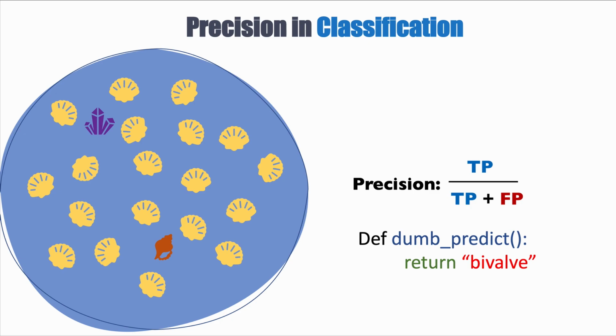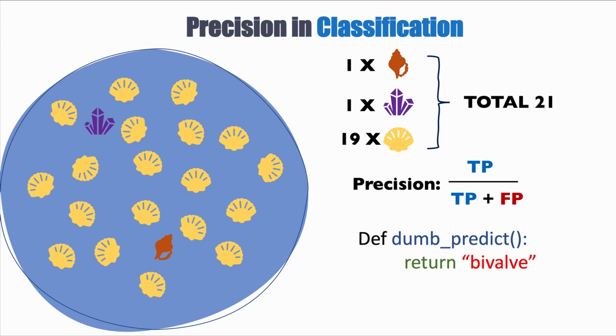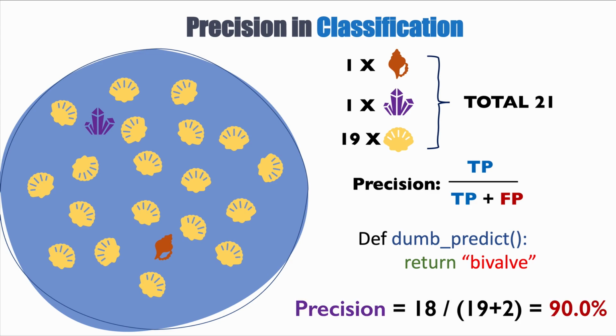So what happens when the classes are not balanced? Well, in this case, we have very imbalanced classes because we have 19 bivalves for 1 quartz and 1 gastropod. The total is still 21. Now, if we compute the precision of this particular algorithm, if you try to predict whether or not the organism that you give is a bivalve, we get a surprising result. We essentially get 90% precision.